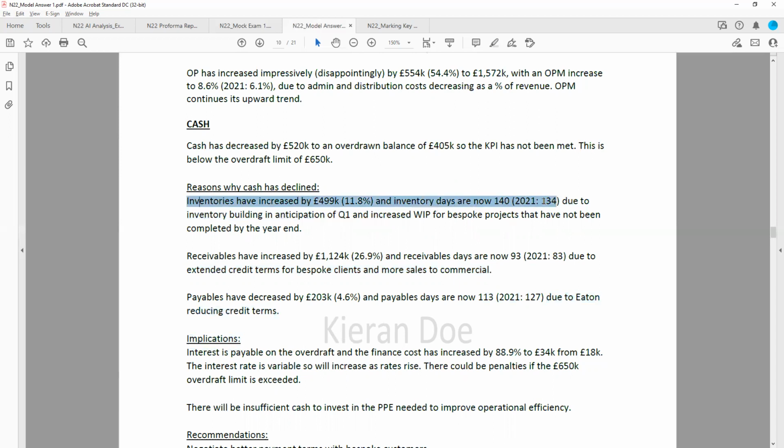Inventory's up, inventory days up, due to the WIP building and in anticipation of Q1 sales and the bespoke products. So actually, if you're asked for the reasons why things have gone up or down, that's what we were doing above. So that isn't too different there. And like I said, you could be asked to analyze cash as part of the first part of the requirement. You could be asked for revenue, gross profit, and cash, for example.